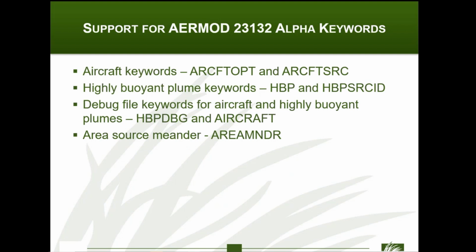We also have new keywords having to do with the highly buoyant plume algorithm, HBP and HBP SRC ID. We've also included ways to set up the debug file keywords for aircraft and highly buoyant plumes, HBP DBG and aircraft. And a final alpha keyword is area source meander, AREAMNDR.